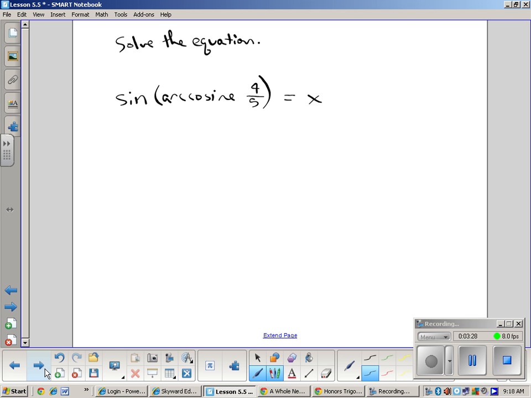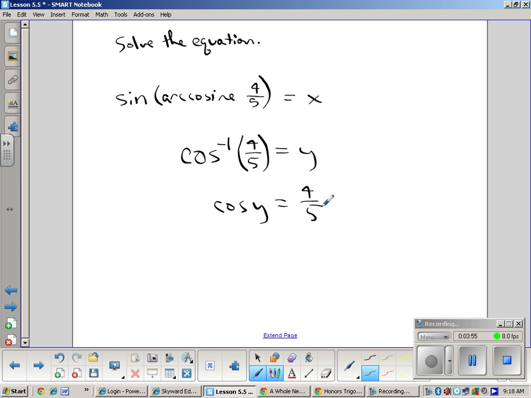So arc cosine, again, is the same as saying the inverse cosine of 4/5 is equal to some angle, we'll call it y. What this is really saying is the cosine of y is equal to 4/5.